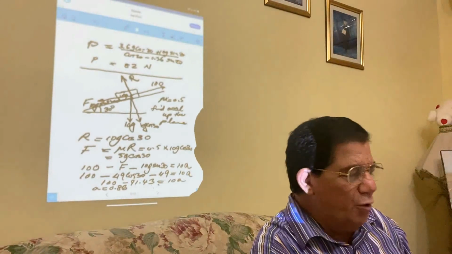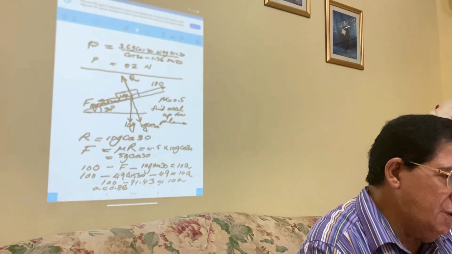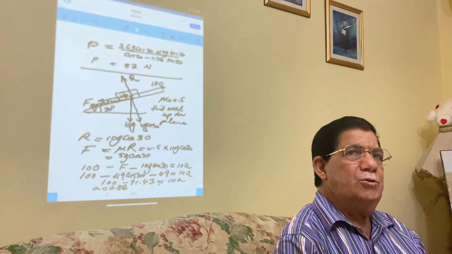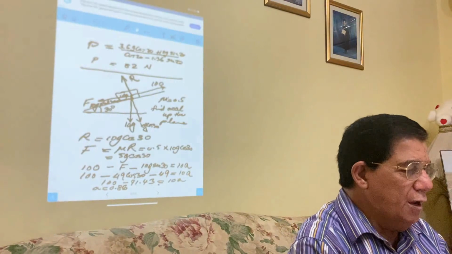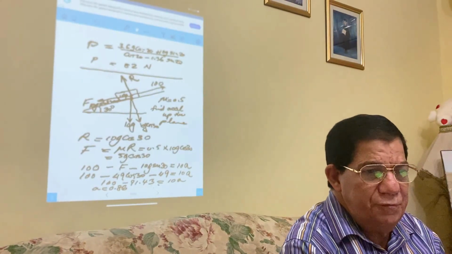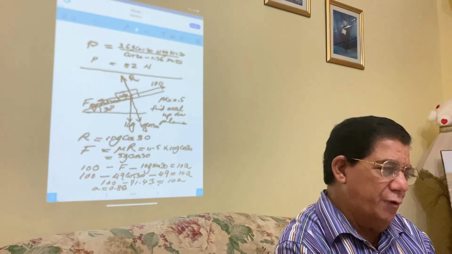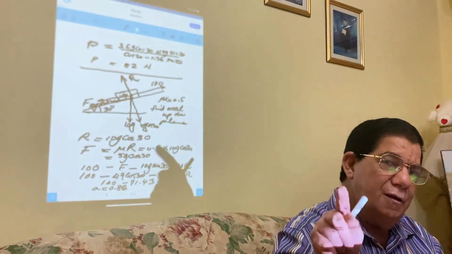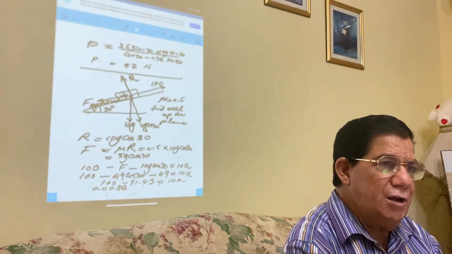If the body is about to move, we also reach the limiting friction. But when do we have limiting friction? In two cases: if the body is about to move, or if the body is already moving. This is the end of the chapter.